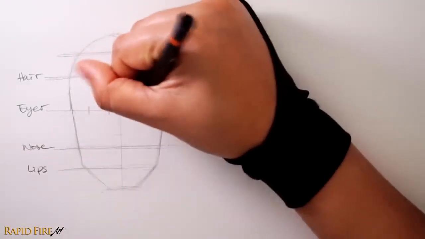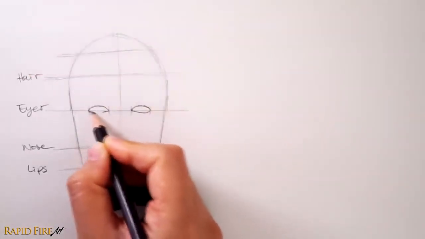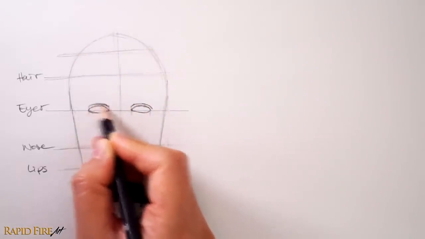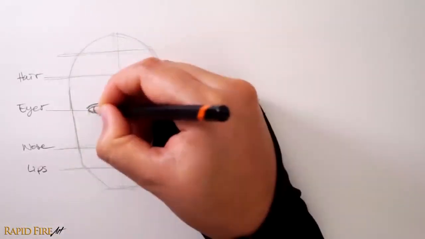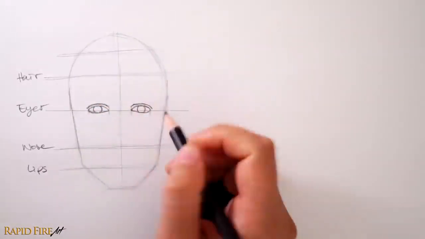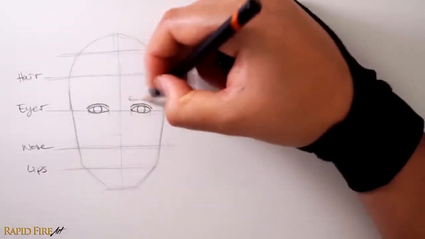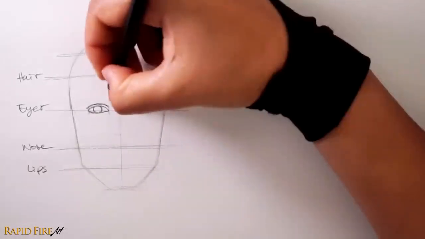For a more detailed tutorial on drawing eyes, noses, and lips, check out my other videos linked down in the description. I'm just gonna give this guy some thick eyebrows, not too curved, and keeping them close to the eyes for a calm facial expression.